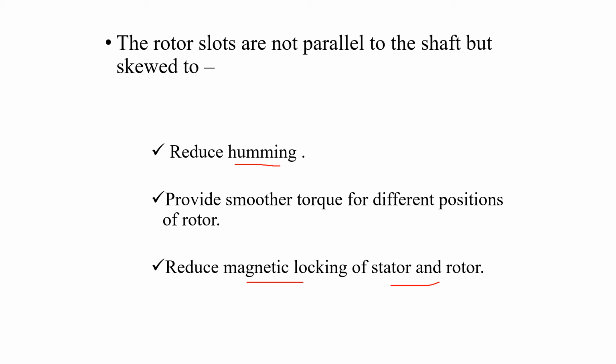So to avoid the magnetic locking as well as to reduce the magnetic humming and to provide the smoother torque, that is the smoother rotation for each position of the rotor, the rotor slots are arranged in a skewing manner.